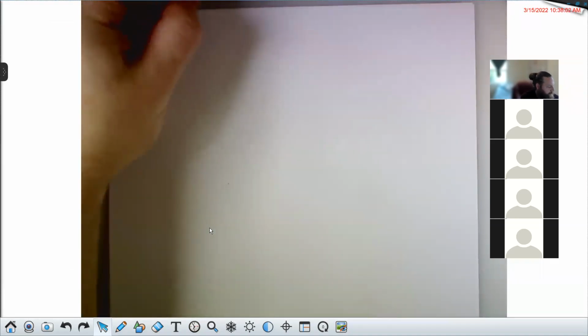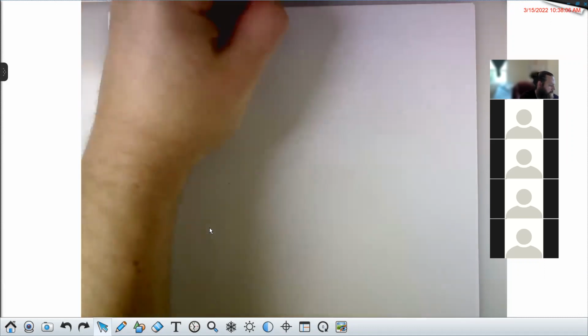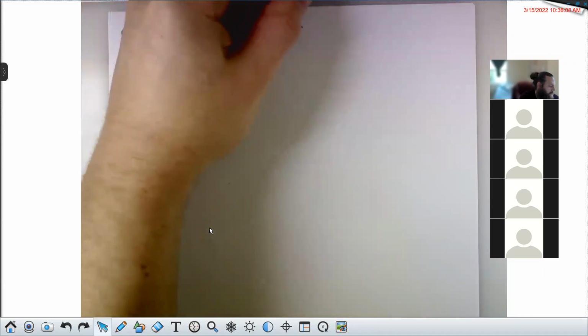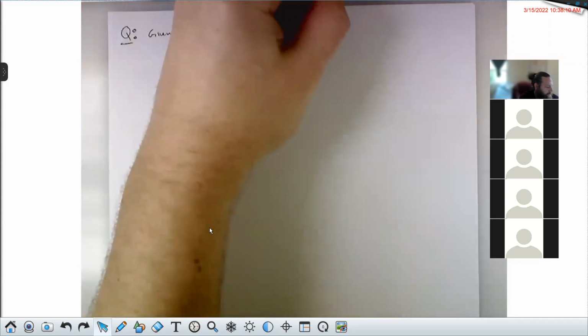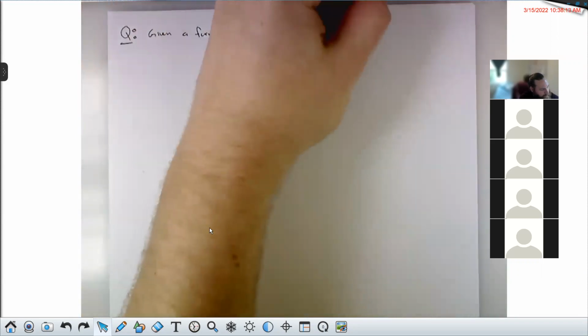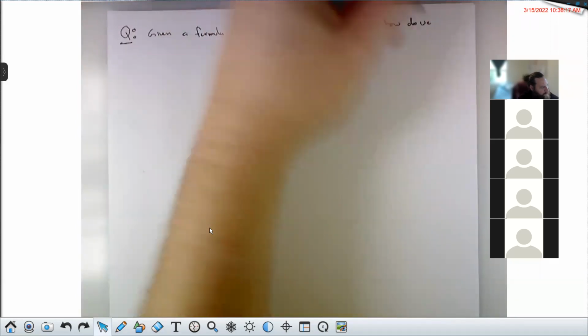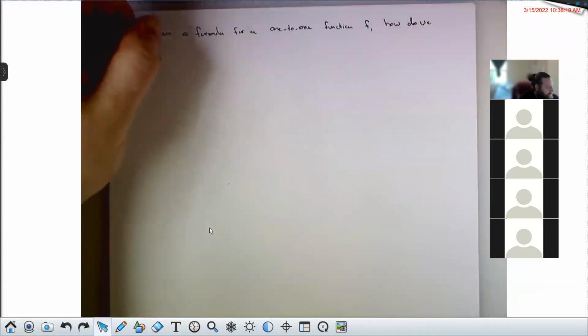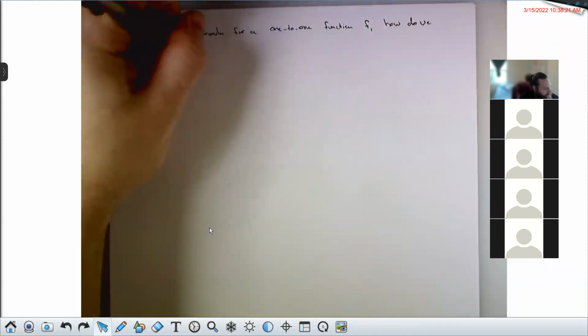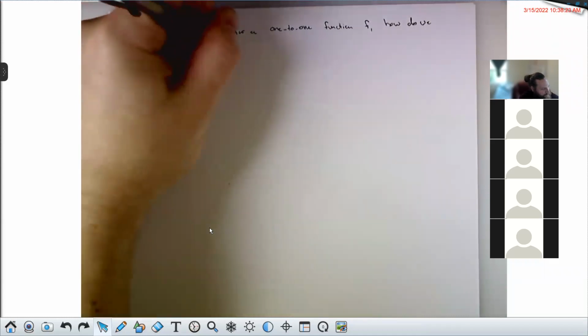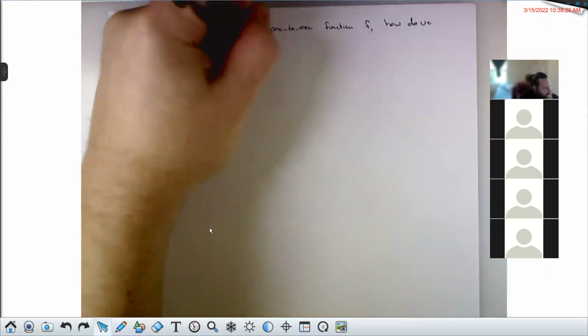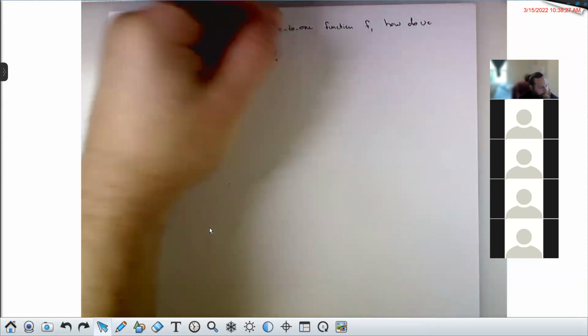Given a formula for a 1-to-1 function f, how do we get a formula for its inverse, f inverse?